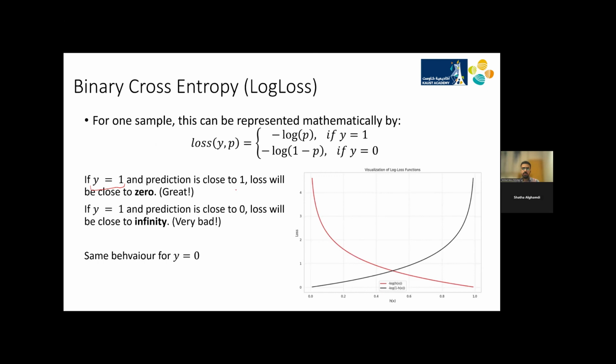So now you want the loss to be very low. You actually want the loss to be 0, right? So if you take the log of the prediction, which is 1 here, what would you get?